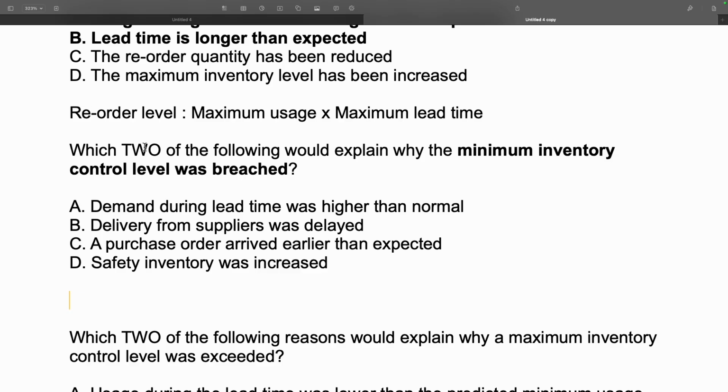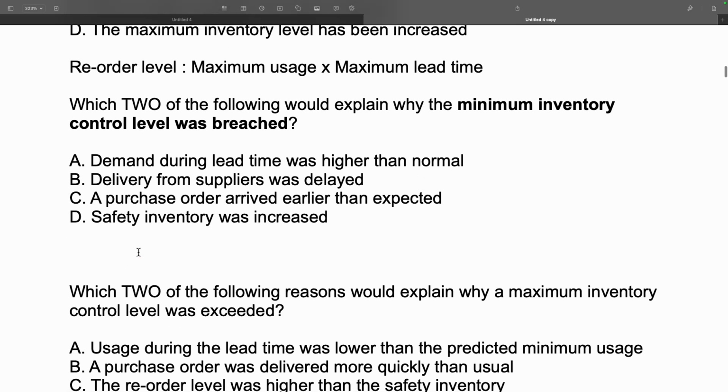Reorder level minus average usage times average lead time. Great. Okay, that's the answer you are supposed to do. So minimum level equals reorder level minus your average usage times average lead time.